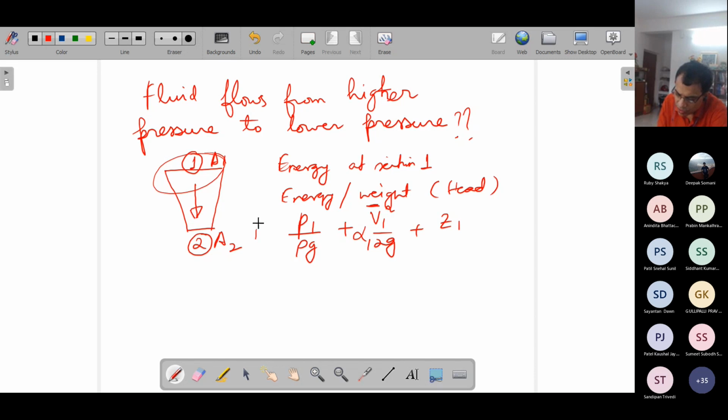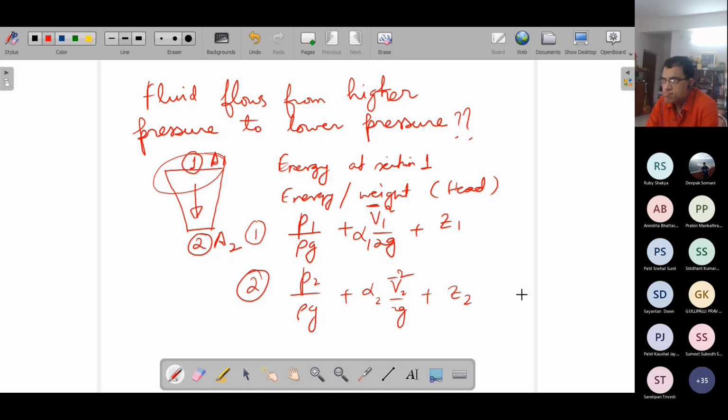So what we will do is at section 1 this is true. At section 2 we will explain. So now, let us make certain simplifications.